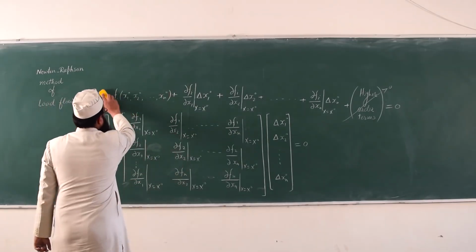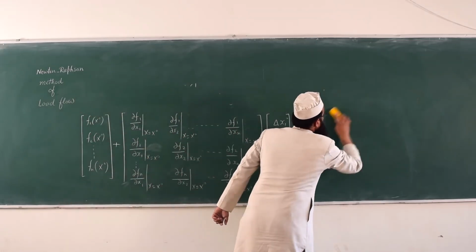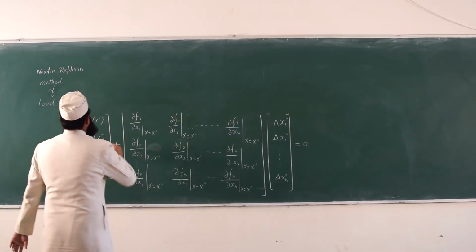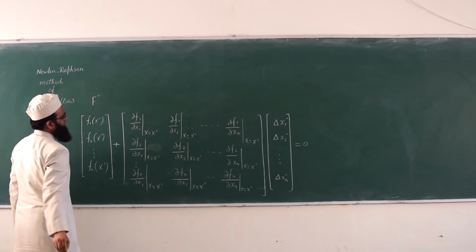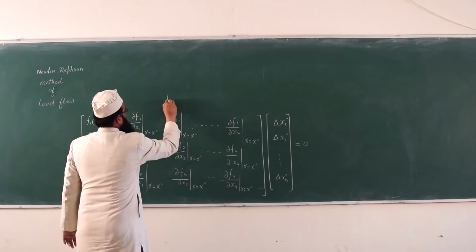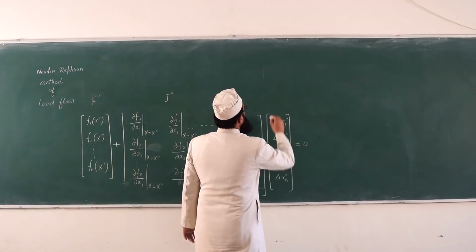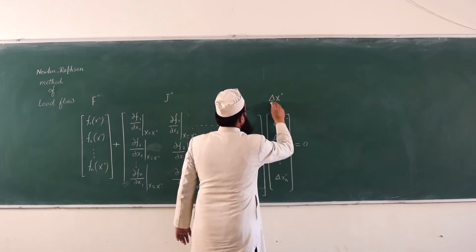The same we can write, say this is f0, this matrix we denote by J0, and for this we denote by del x0.